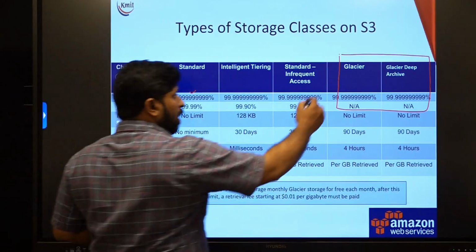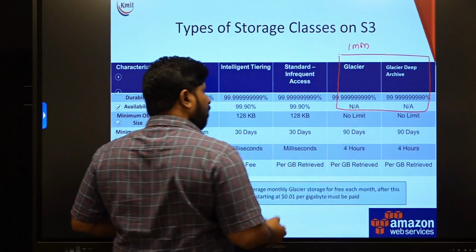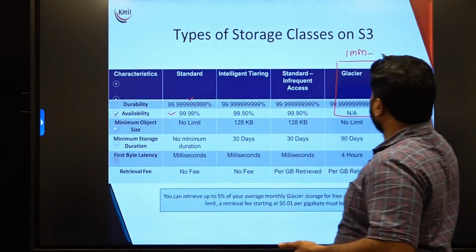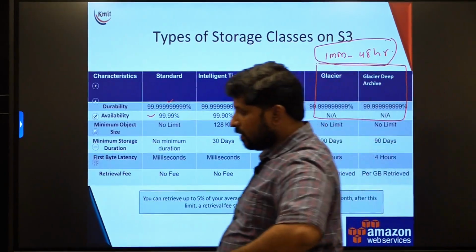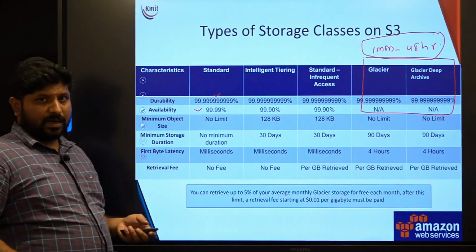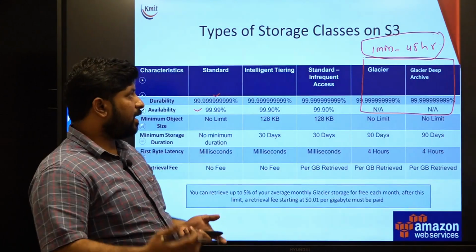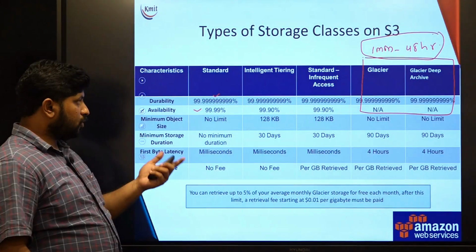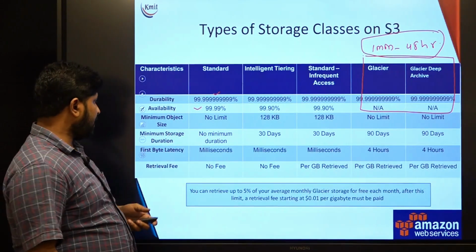You can retrieve the data in 1 minute, or it may take 48 hours. It varies, based on the size. So that is the thing with Glacier and Glacier Deep Archive.